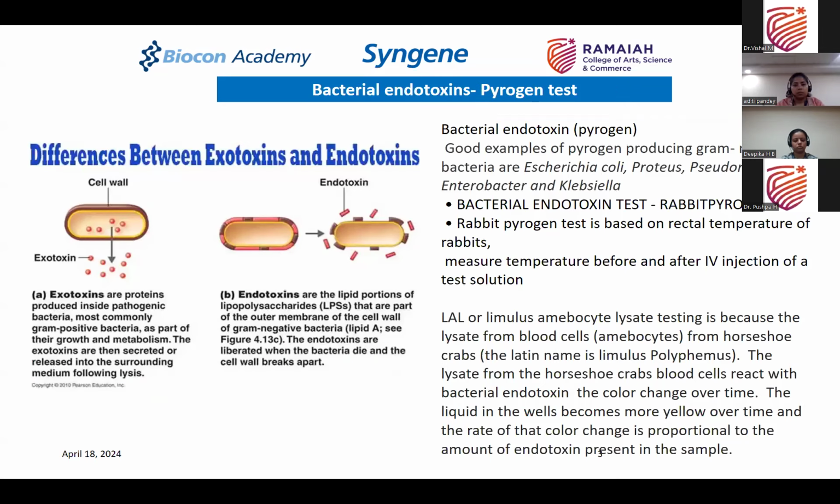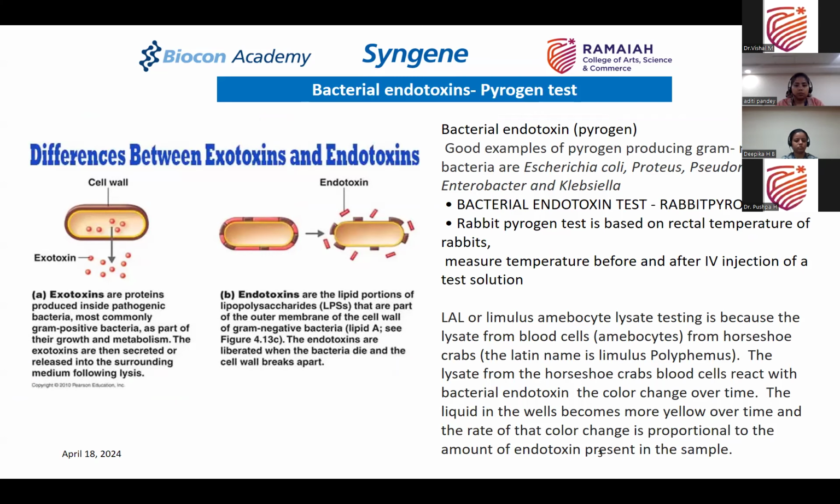During the process of sterility testing, we are going to analyze whether there are living organisms, contaminants or microorganisms in that particular product, and at the same time whether they have any endotoxins or pyrogens.